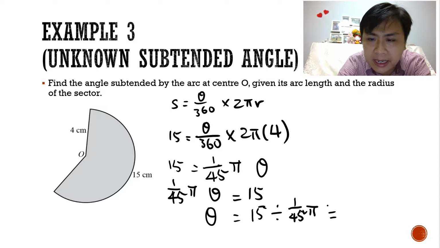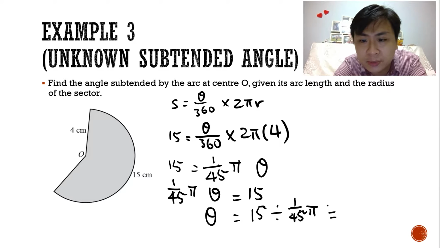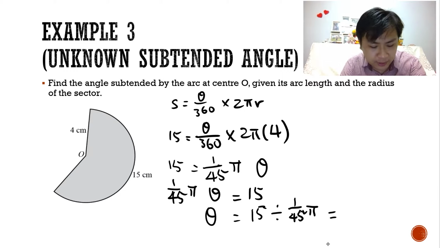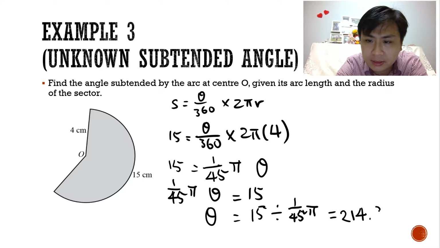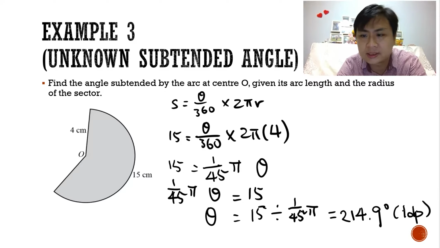Okay, and angles, we'll leave it to 1 decimal place. Right, so after pressing our calculator, the answer will be 214.9 degrees. Okay, we round it off to 1 decimal place.